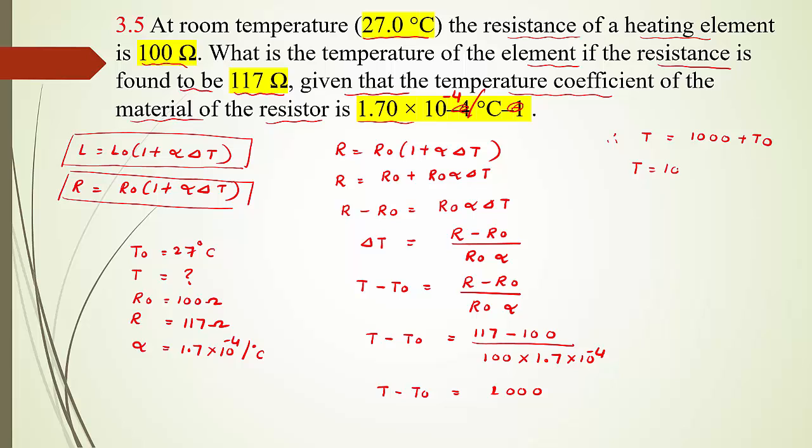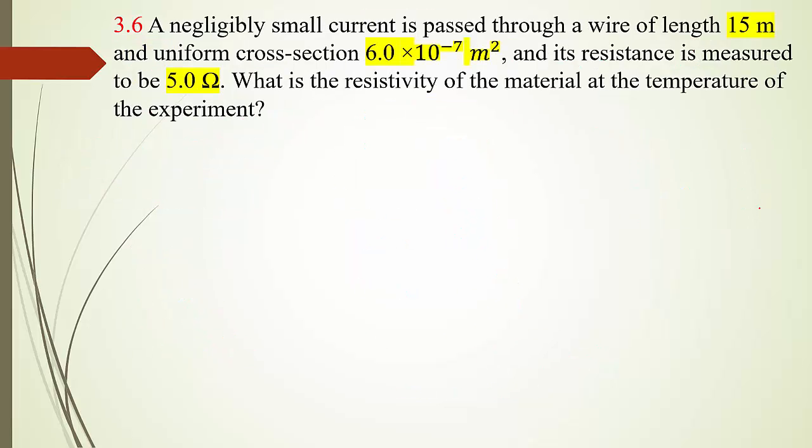So T equal to 1000 plus T naught value is 27 degrees Celsius. So we will get the final answer 1027 degree Celsius. So this is the temperature of the element if the resistance increases. Right? What is the final answer? 1027 degree Celsius. Then sixth question.